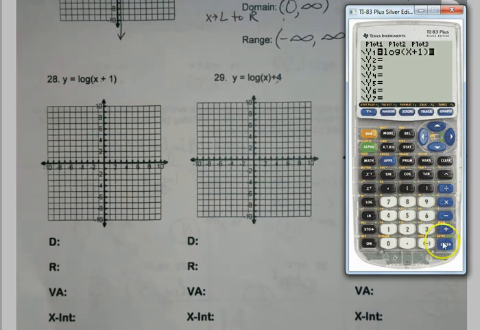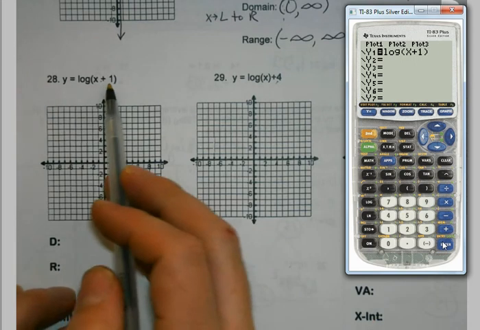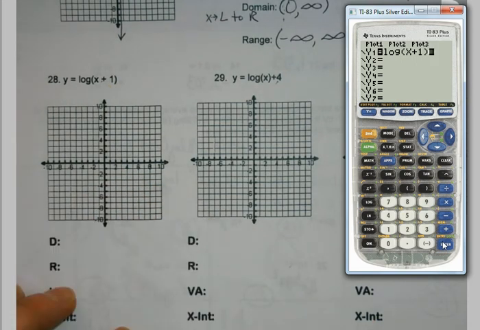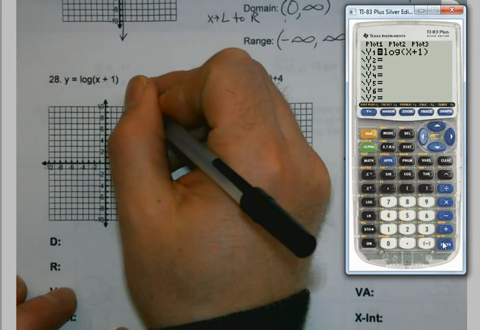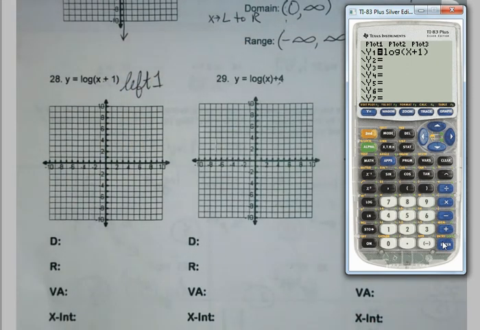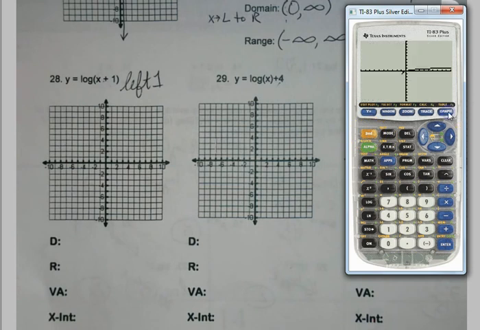You're like, okay, so plus 1. Before I look at it, which direction is my plus 1 shifting? Left, because it's inside. If it was outside the parentheses, it would be up. So let's see here. When I graph it, I see it kind of starts to come over here now.